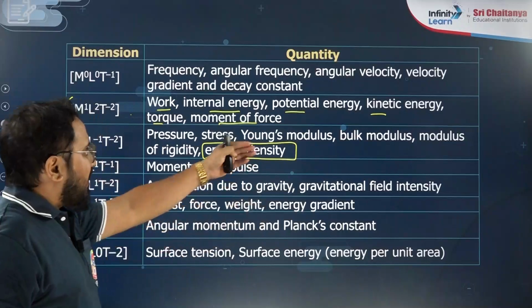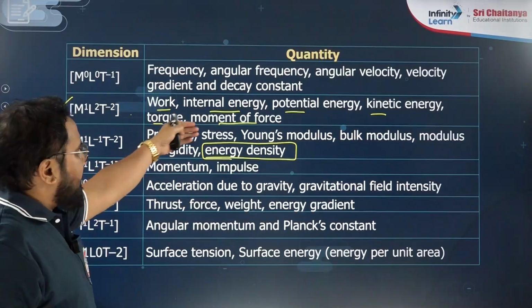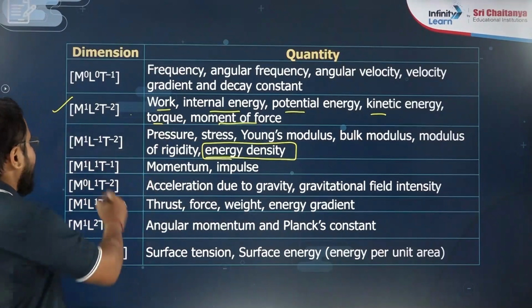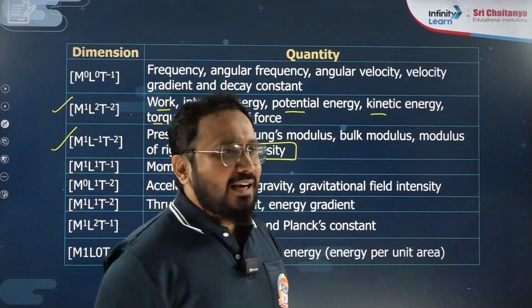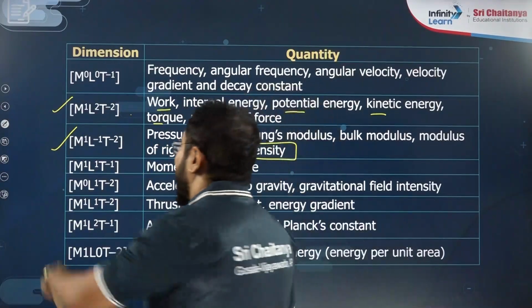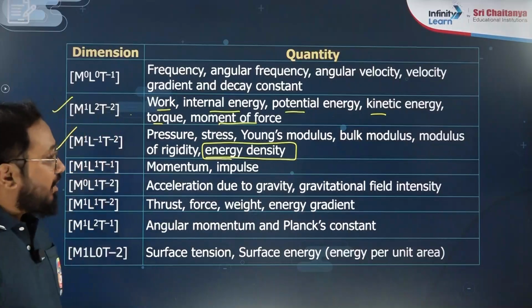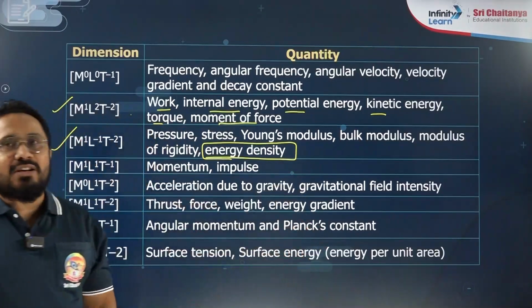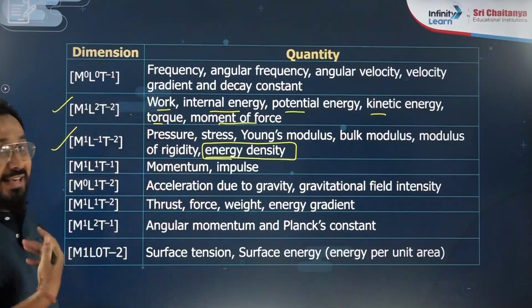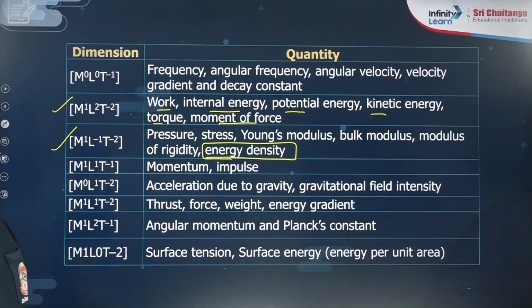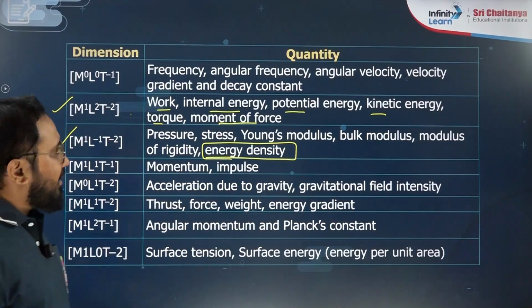Nothing. Young's modulus, bulk modulus, modulus of rigidity, pressure, stress, they are all equal. They have the same dimension. What is that dimension? This is the dimension. So if you learn this many dimensions, you will finish this many constants. Is it clear? You can pause, take a screenshot and learn these dimensions; that will help you.